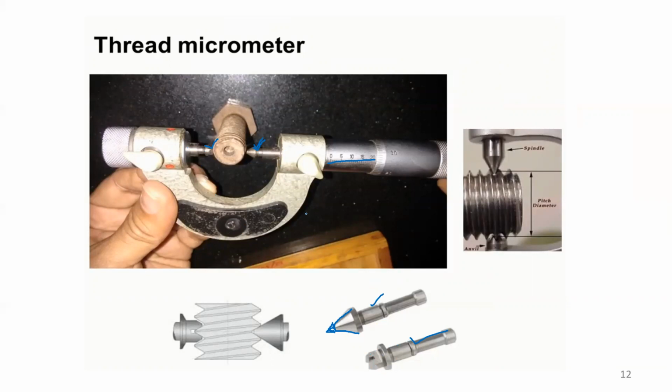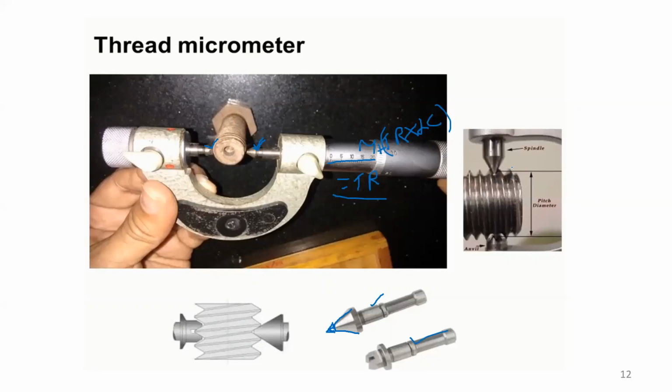By keeping these anvils in the hollow spindles, we can move the spindles to contact at the pitch line. Therefore, we take the main scale reading and the thimble reading, and by adding the main scale reading with the thimble reading multiplied by the least count, we will get the total reading of the effective diameter.